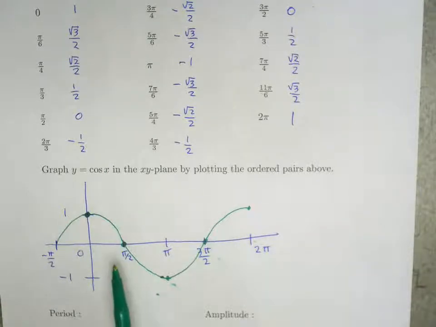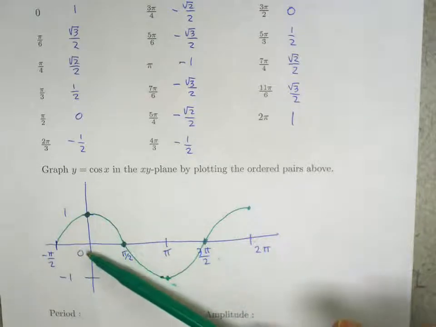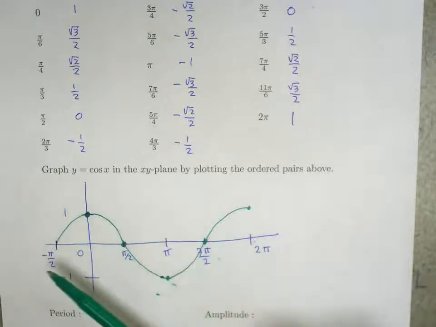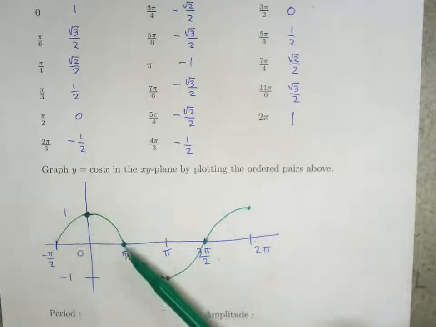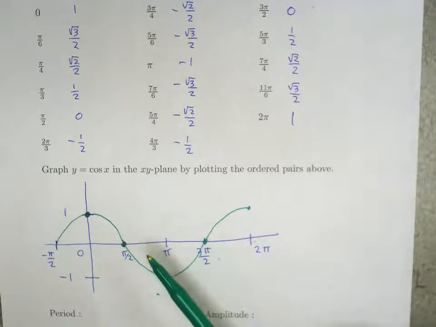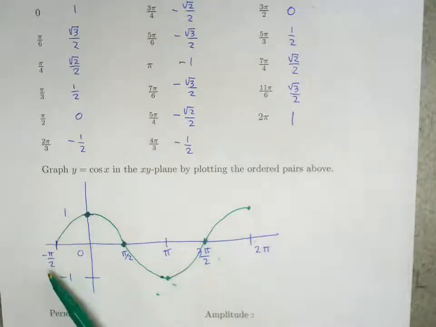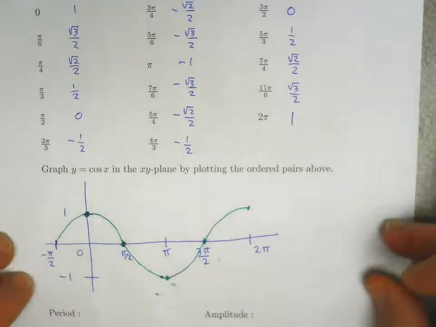So notice, if you remember what the sine curve looked like, we can get a graph of cosine of x if we take the graph of sine of x and shift sine of x to the left by pi over 2. We'll see that a little bit more in detail later on.